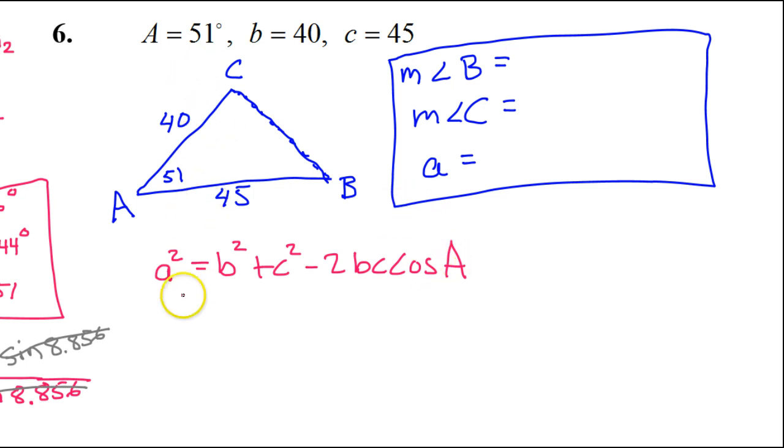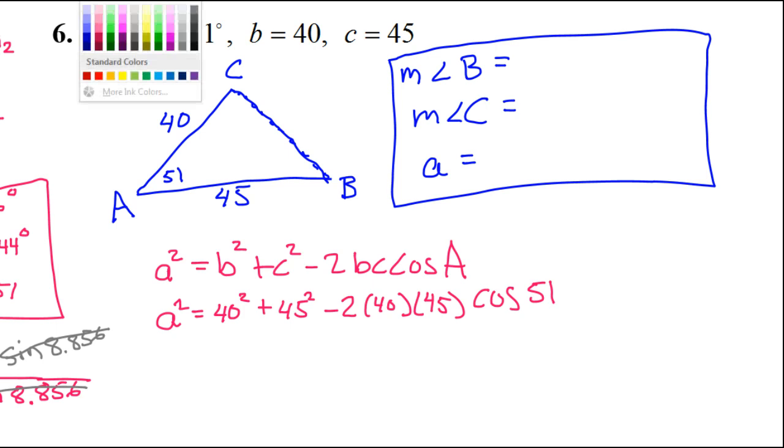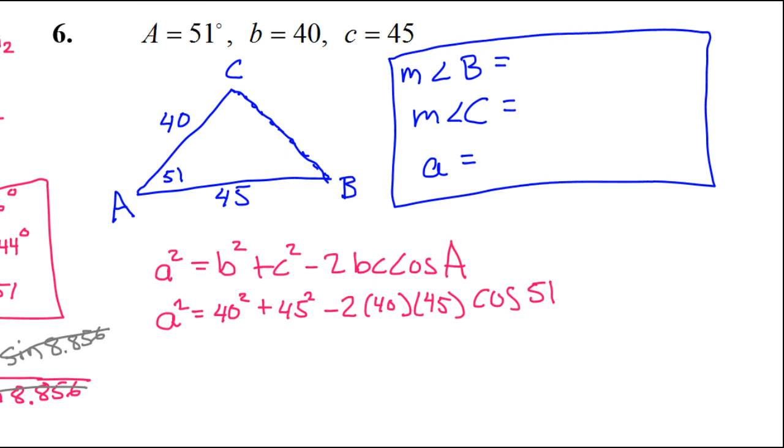Okay, so A squared is equal to 40 squared plus 45 squared minus 2 times 40 times 45 cosine of 51. All right, but we want A by itself.